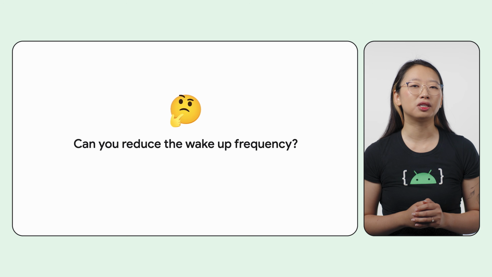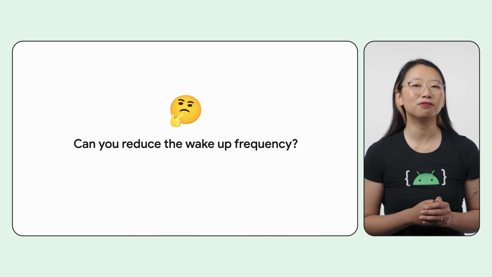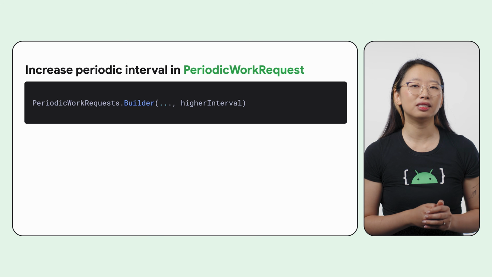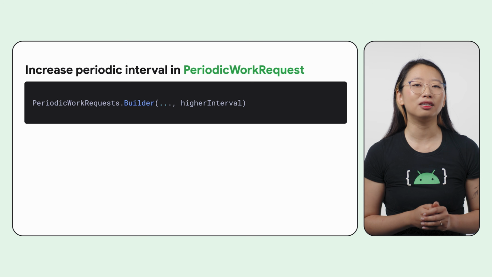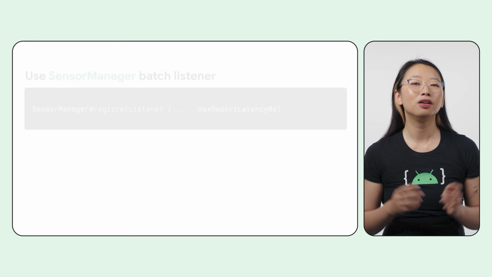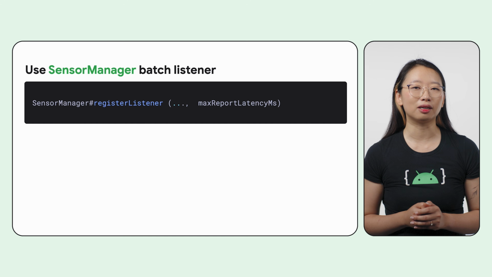Finally, in scenarios where you are requesting data periodically, think about whether you can reduce the frequency of wake-ups. For example, you can reduce wake-up frequency when using WorkManager by increasing the periodic interval between periodic work requests. When polling for sensor data using Sensor Manager, you can reduce the wake-up frequency by leveraging the batching mechanism.